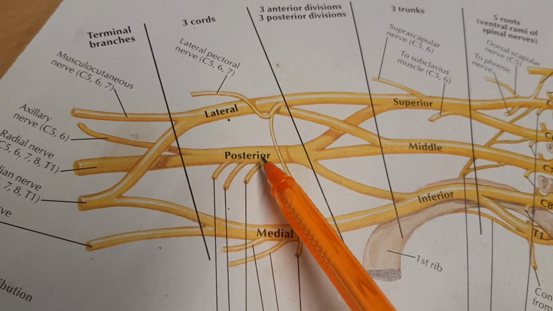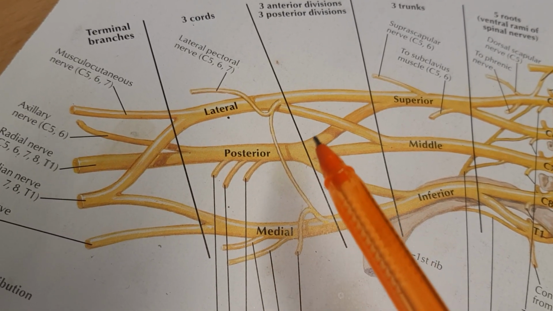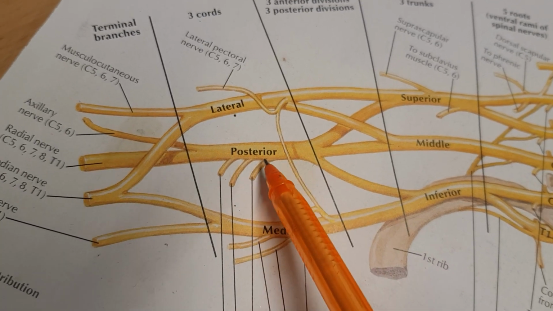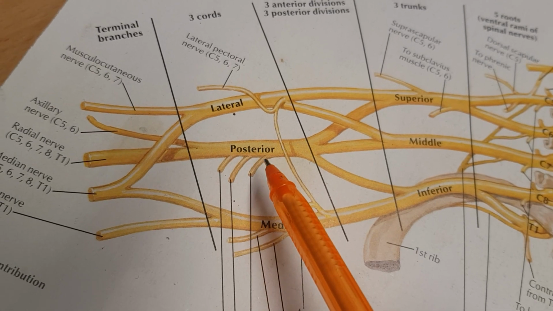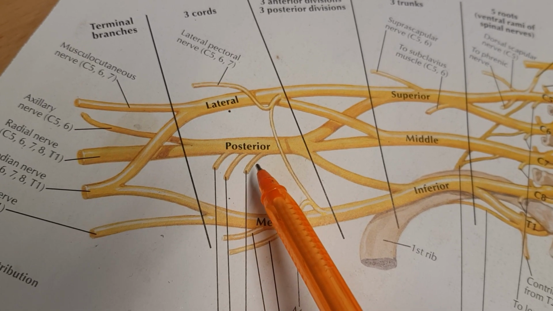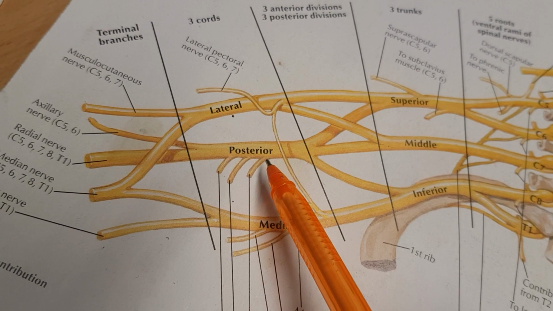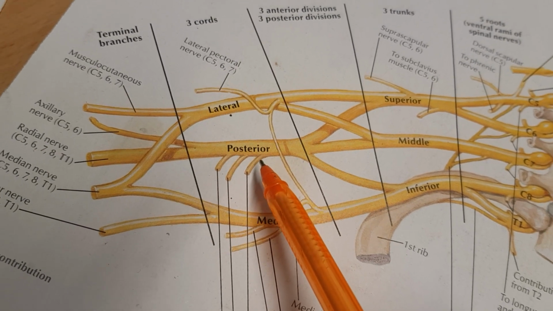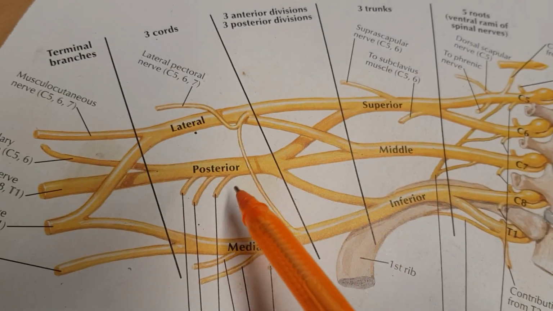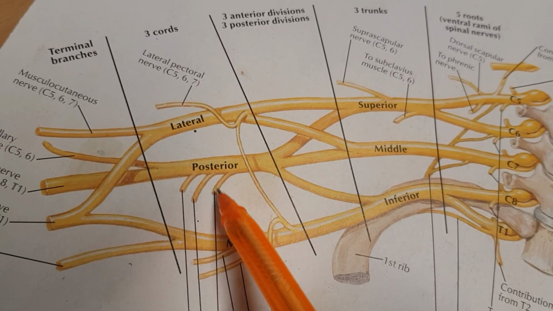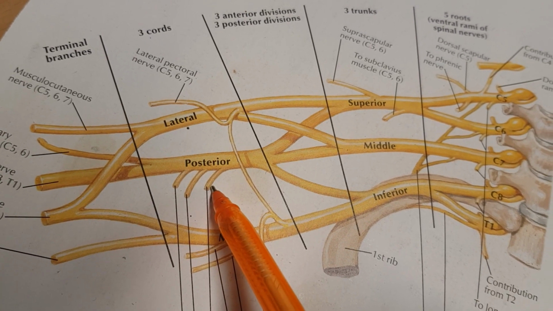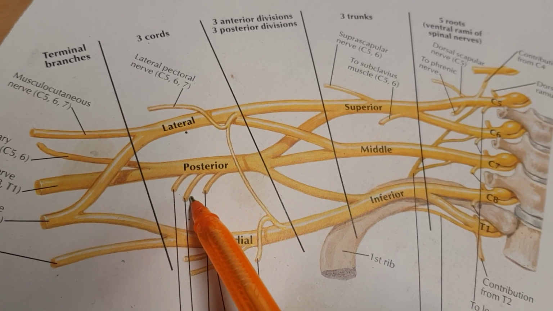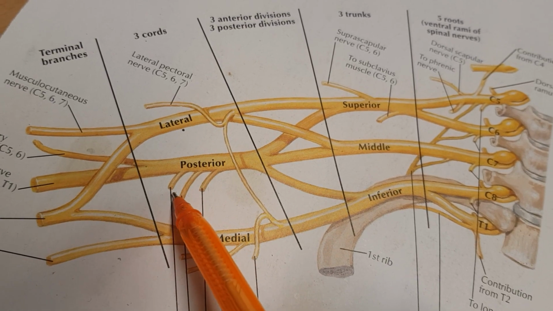They are not that difficult. These 3 nerves are called the subscapular nerves, because they go under the scapula. Therefore, they are called subscapular nerves. This one is upper, this one is middle, this one is lower. So this is the upper subscapular nerve, this is the middle subscapular nerve, this is the lower subscapular nerve.